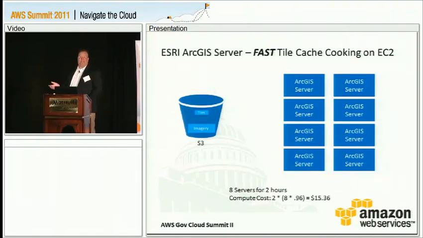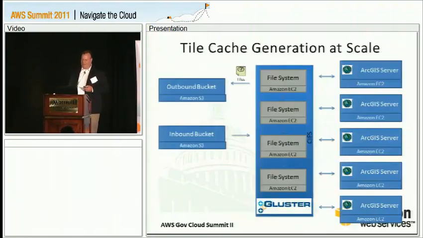It's $15.36 for the job, and we just processed it in 2 hours. It would be 16 times 1 hour, except I couldn't fit 16 servers on my deck, so it's 8 for 2 hours. $15.36. So that's the general idea, is that you can get things done in a quicker way using this kind of approach as well.